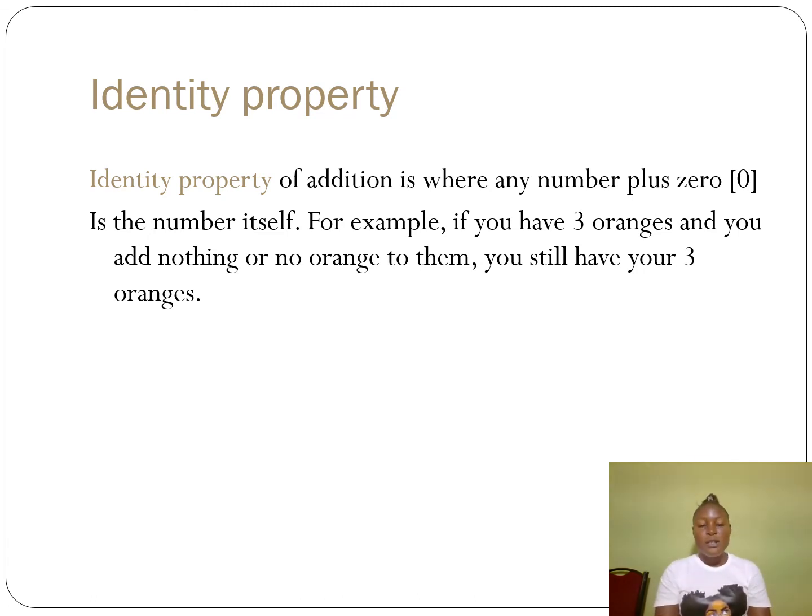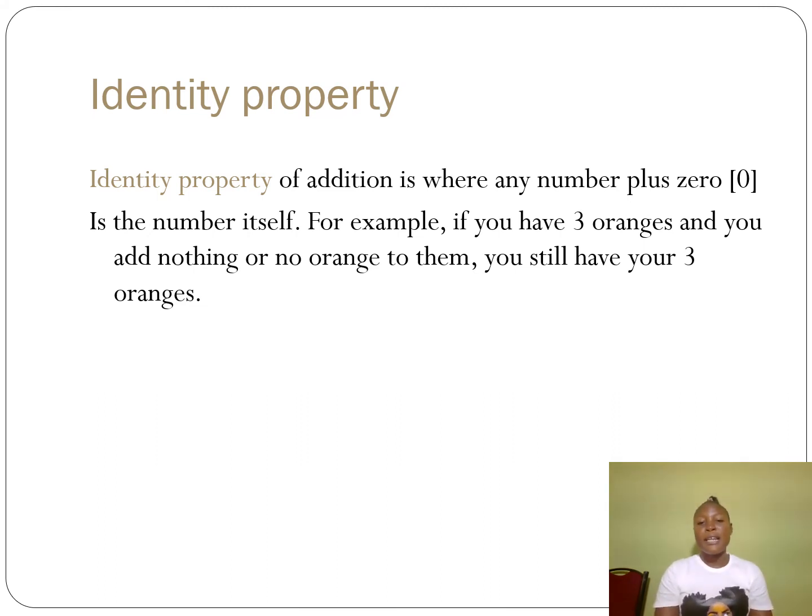So now I hope you've understood all the three main properties of addition, where the commutative tells us that no matter the position of the number, the result or the total or sum is the same. With the associative also, it tells us that no matter the first two numbers that have been added, the final answer or the final total is also the same.